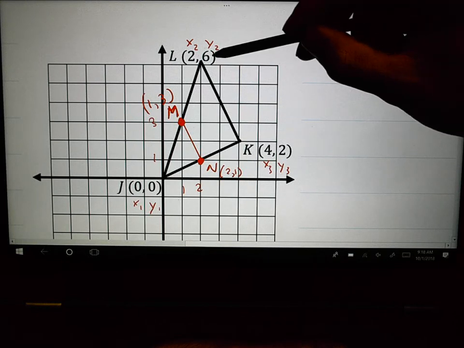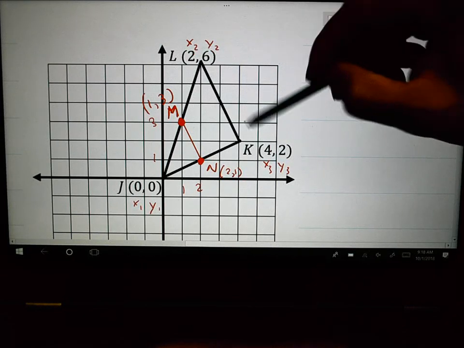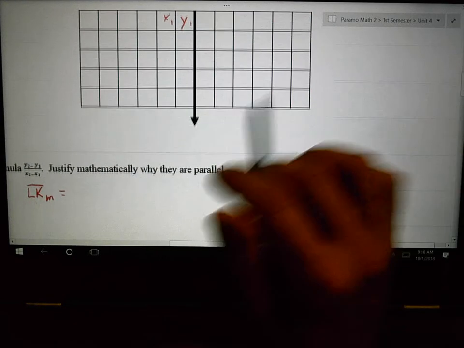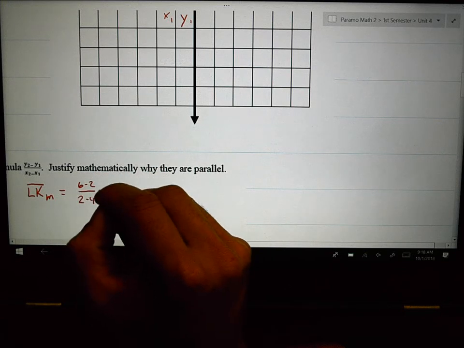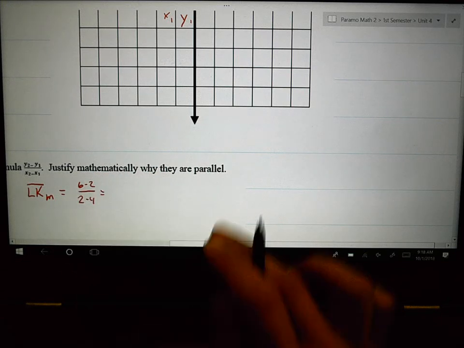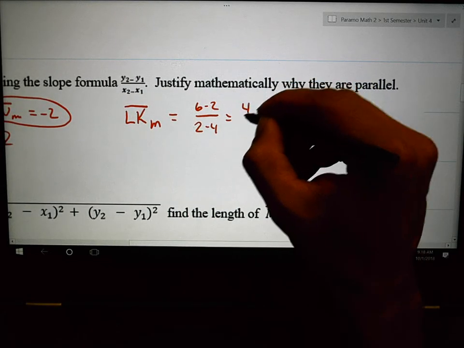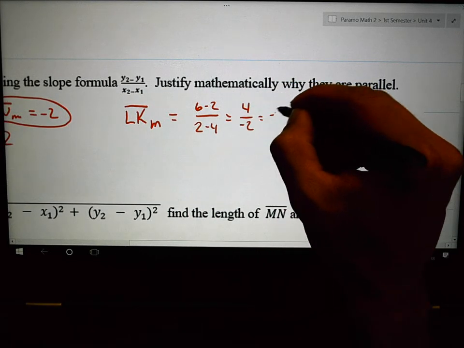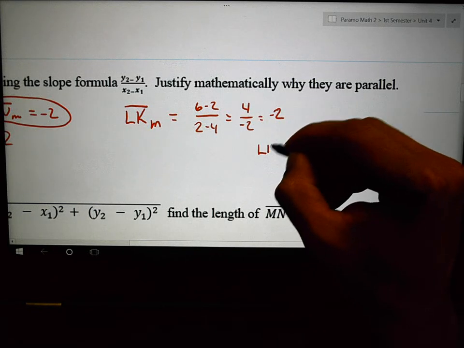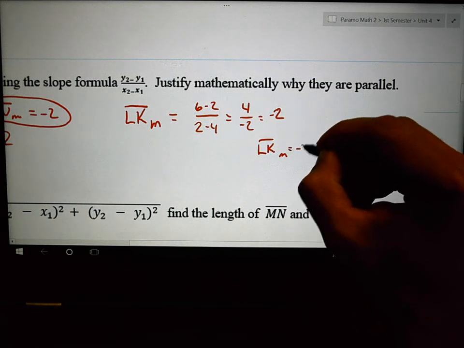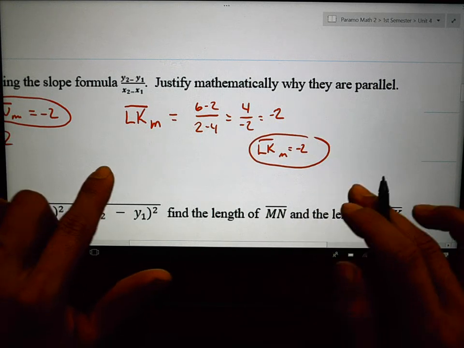I'm going to subtract 6 minus 2 for the y's, over 2 minus 4 for our x's. 6 minus 2 is 4, over negative 2. So now I have what the slope is of LK.